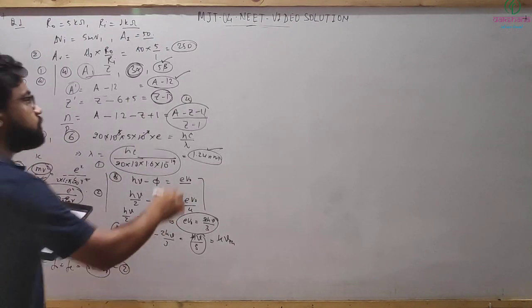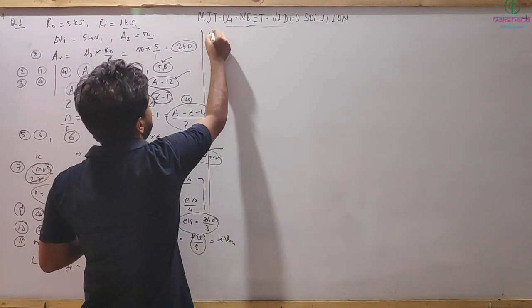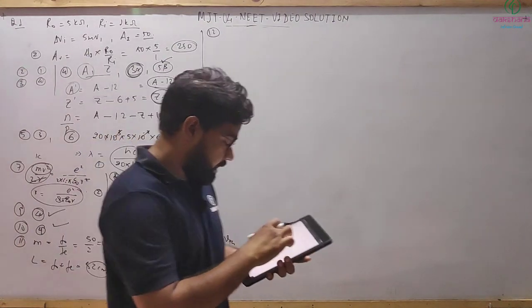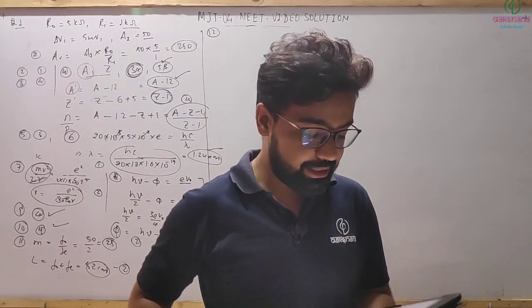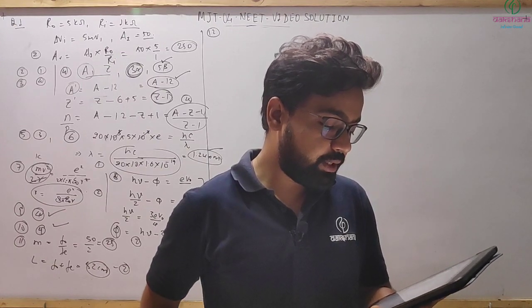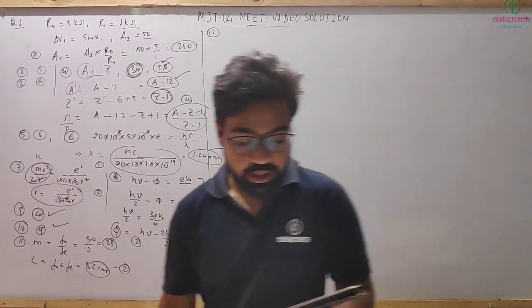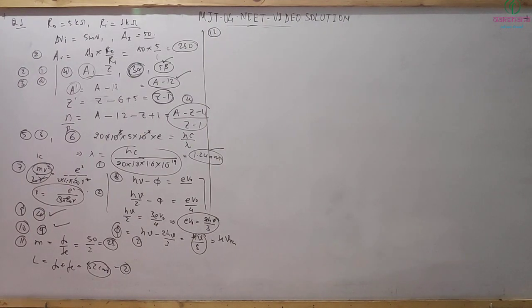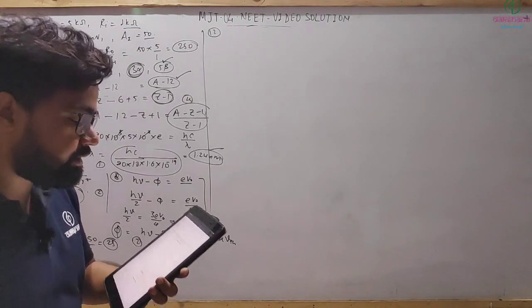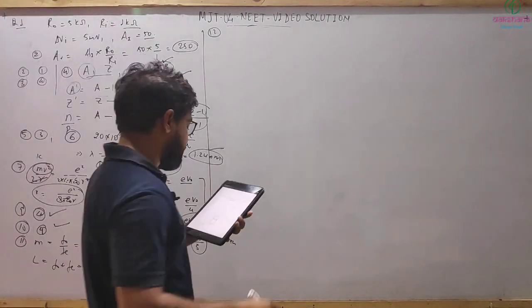Next, question number 12. One face of a rectangular glass plate 6 centimeter thick is silvered, and an object held 8 centimeter in front of the first face forms an image 12 centimeter behind the silvered face.